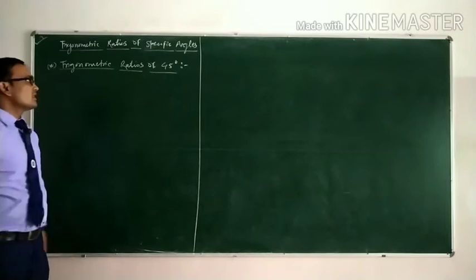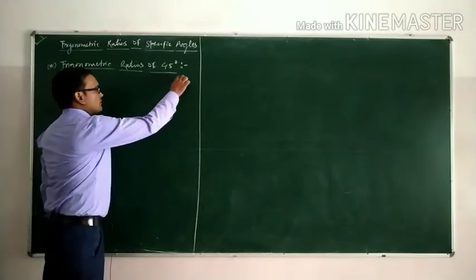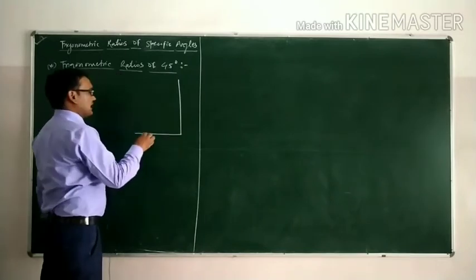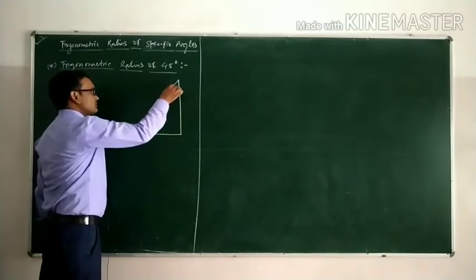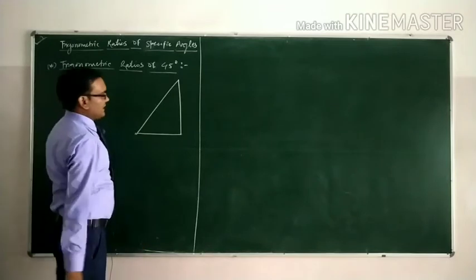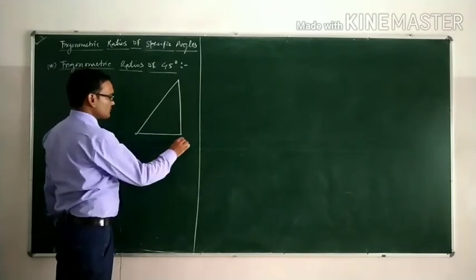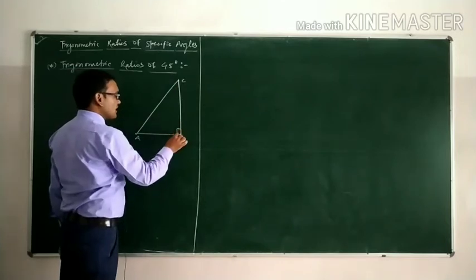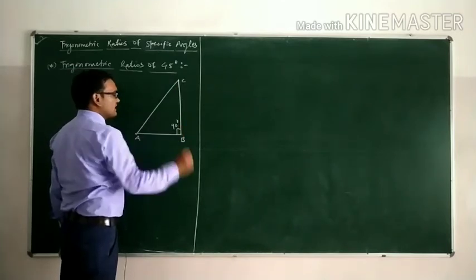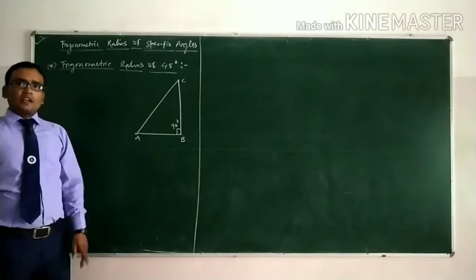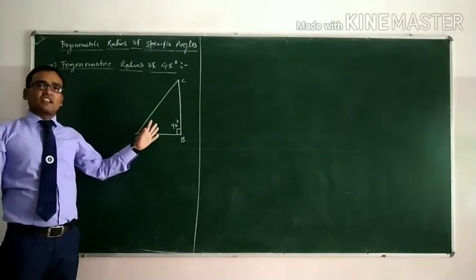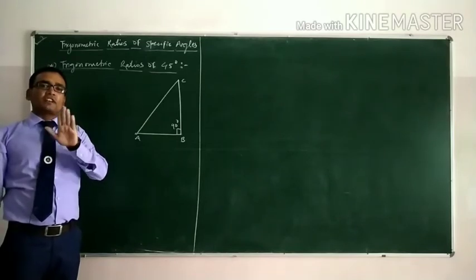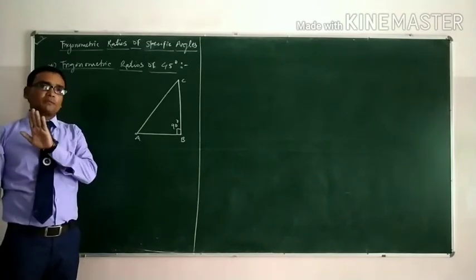Okay students, we take a right angle triangle, right angled at B, that means angle B is 90 degree, and we take one angle of this triangle as 45 degree because we find the trigonometric ratios for 45 degree.